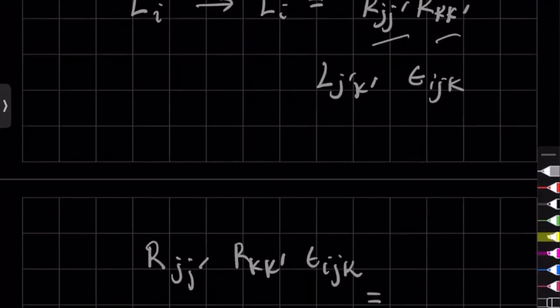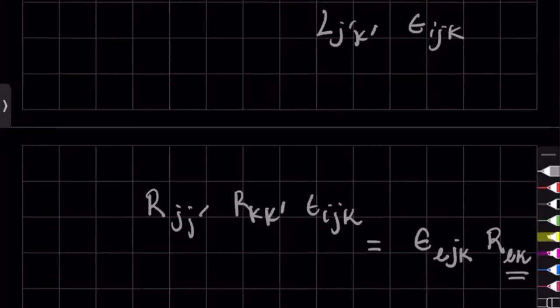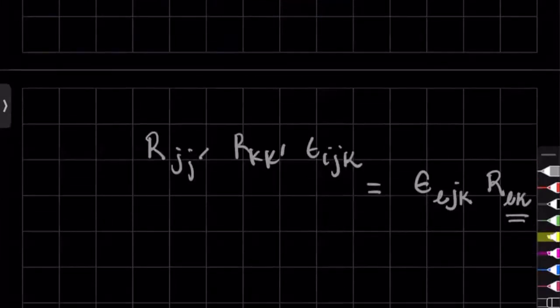So we should have epsilon J K L times R LK. Okay, it's either LK or KL, it's one or the other. Because the idea is that we can verify.